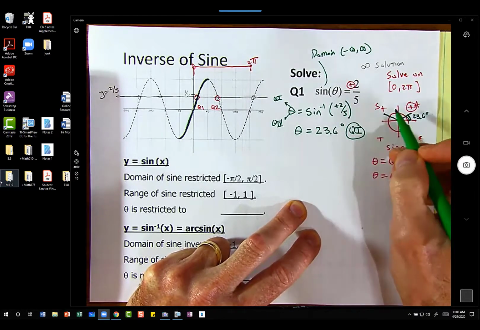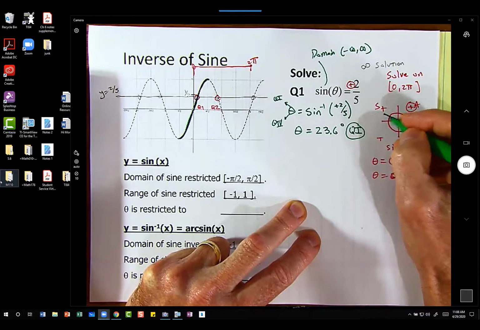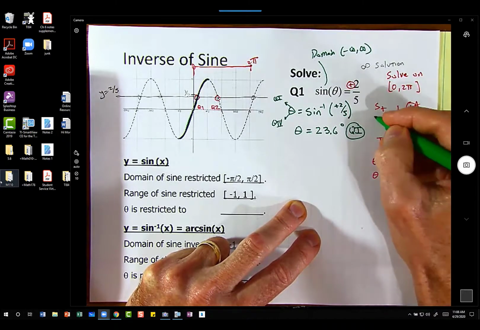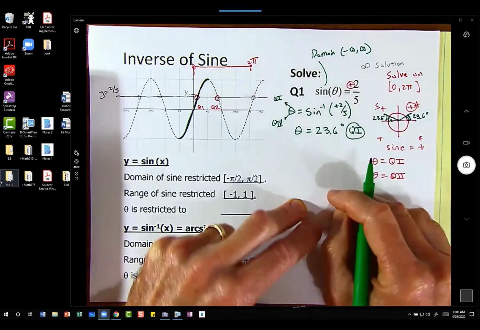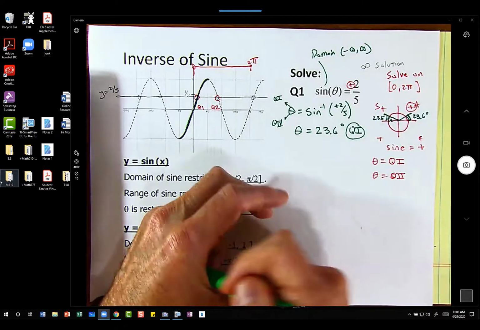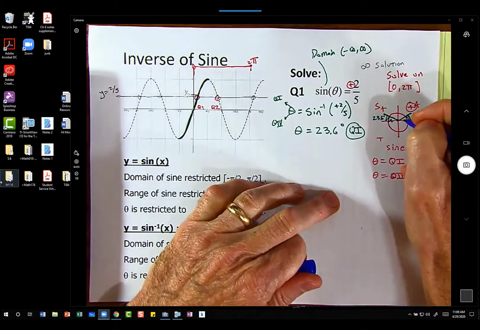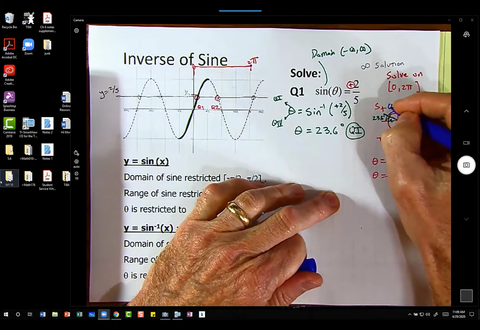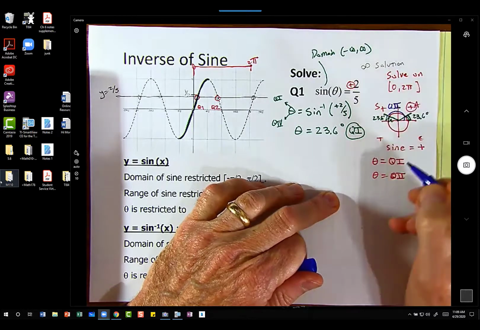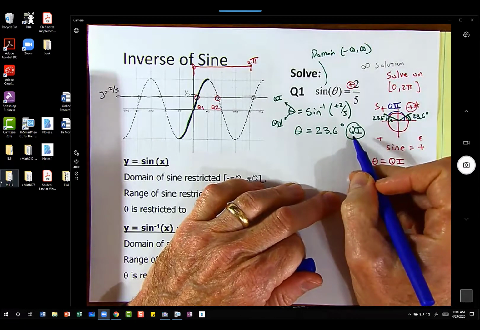Now the other answer has the same reference angle, 23.6 degrees. So what is this other solution going to be in quadrant 2? How do I find a quadrant 2 answer if I know the reference angle?